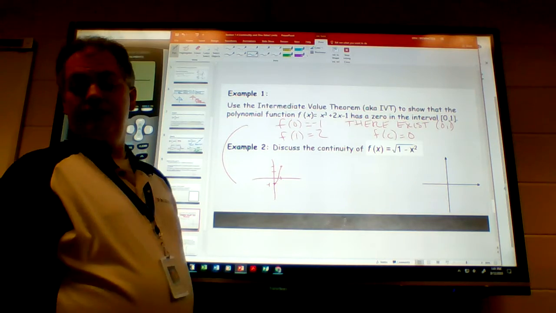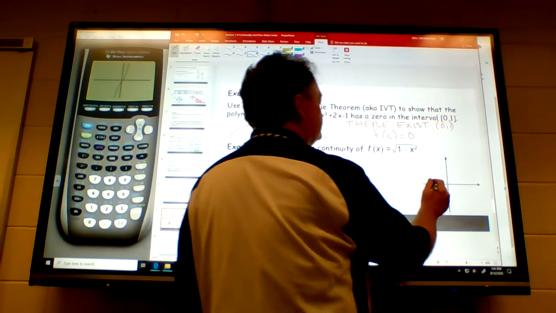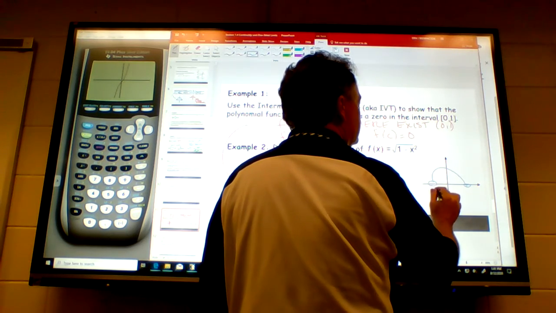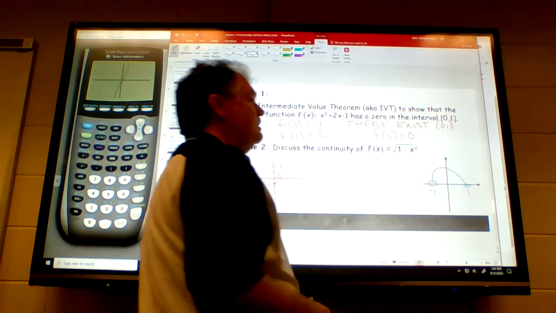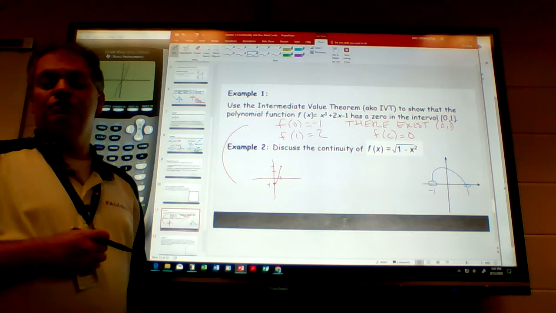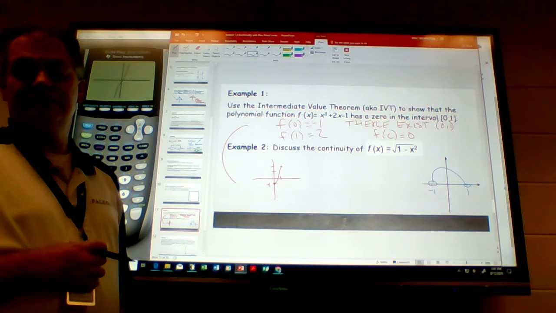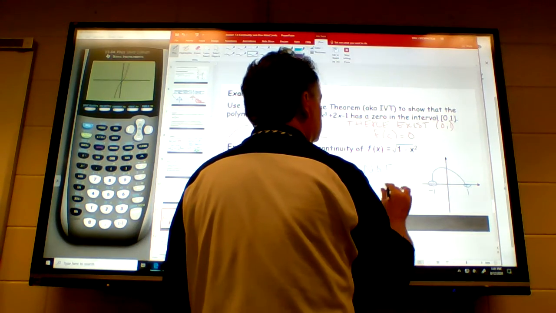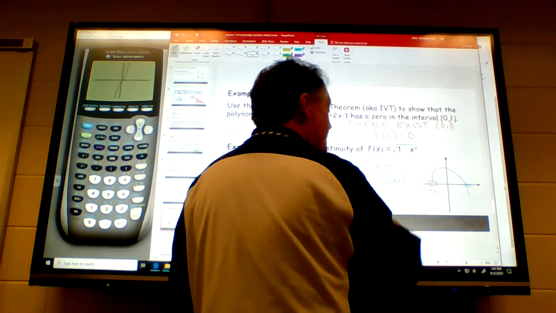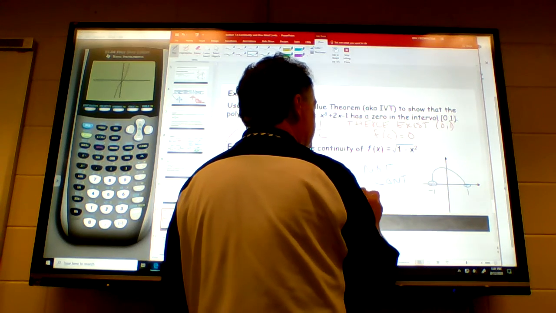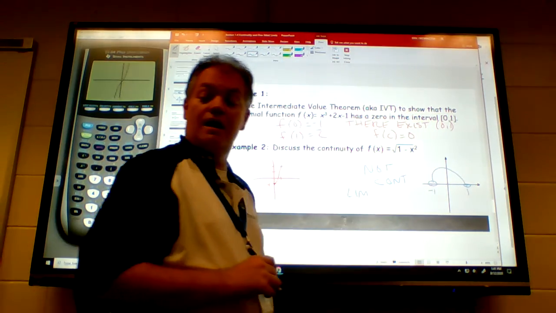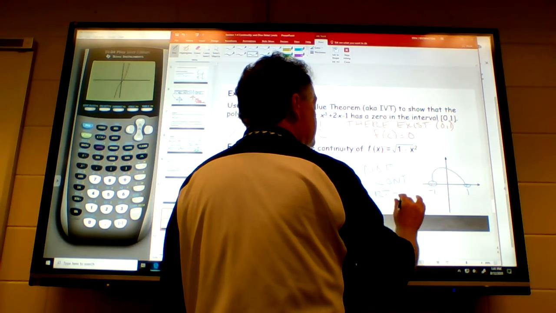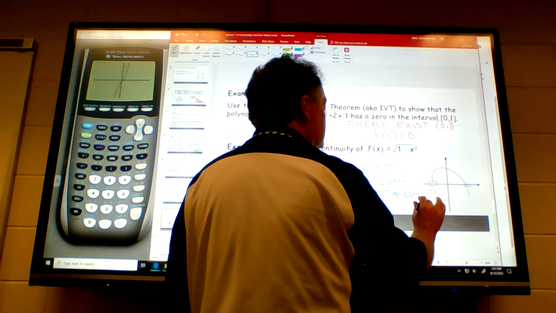All right. Now, I'm going to do this one real quick. -1 and 1. That's what the curve looks like. The question is, is it continuous? The answer is no, not continuous. It's not continuous because the limit on the right does not equal the limit on the left.